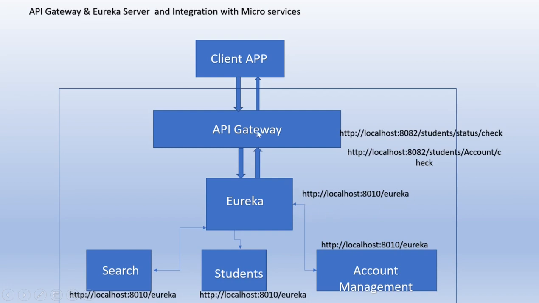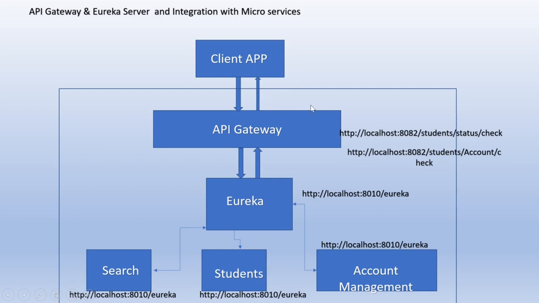So the API gateway is maintained on a separate port, Eureka is maintained on a separate port, and inside it search is maintained. Eureka and the microservices are maintaining the same port number, but the API gateway has a different port number, and the client app only knows about these details, 8082, and the student status check.